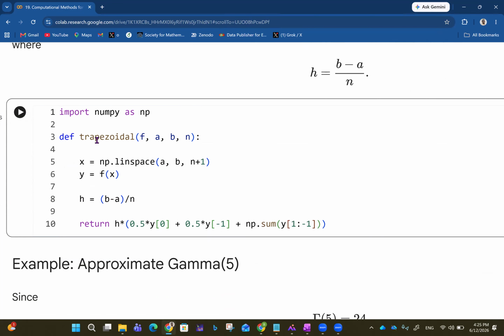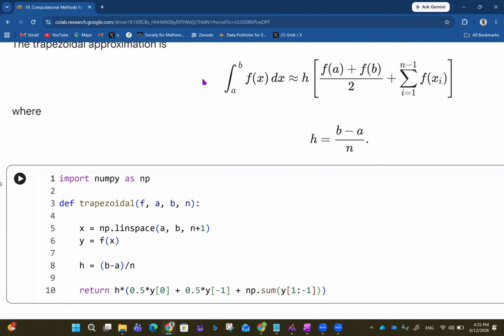So this is us defining the trapezoidal function here. Now we need a function, we need the integral limits a and b, and then we have n plus 1 here. Then y is the f of x, the function. h is b minus a over n. Then you return this expression, h times 0.5y plus 0.5y minus 1 plus the sum, all of that.